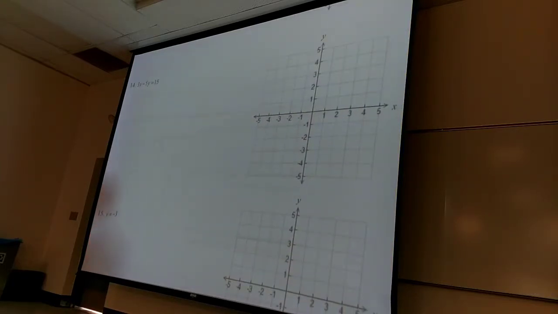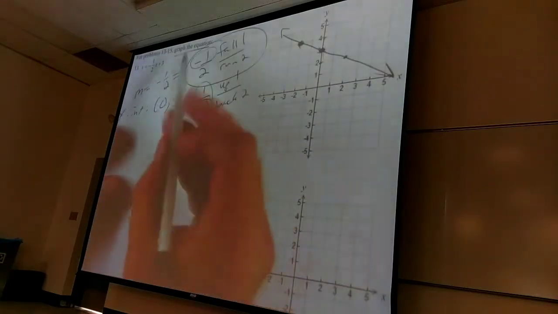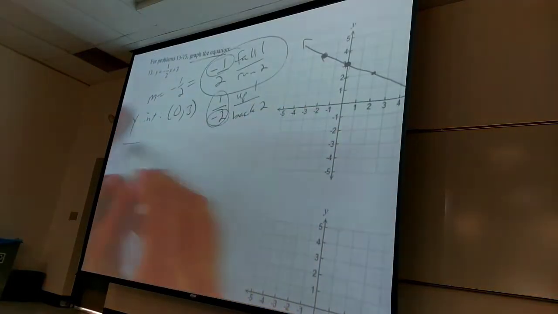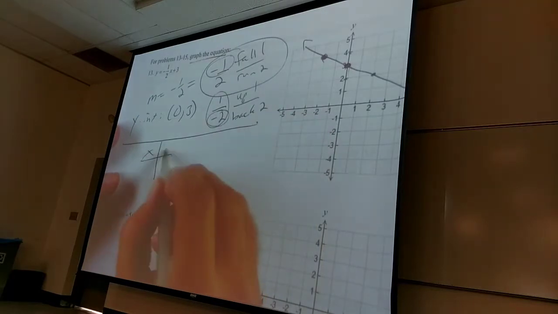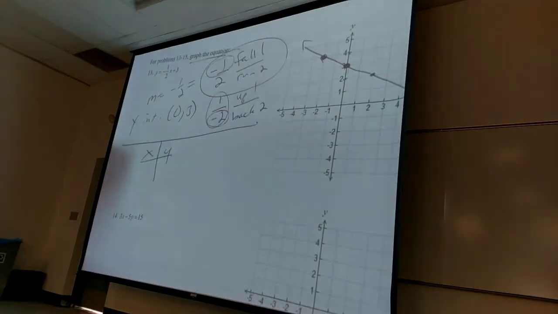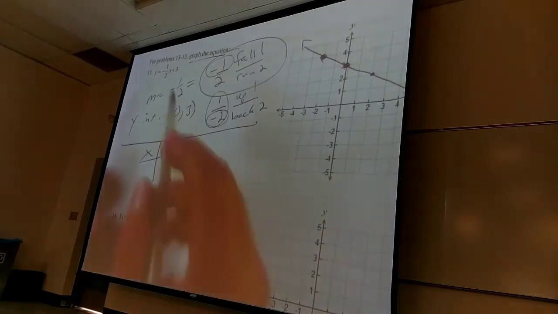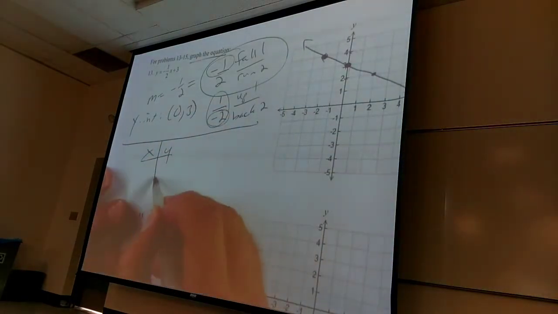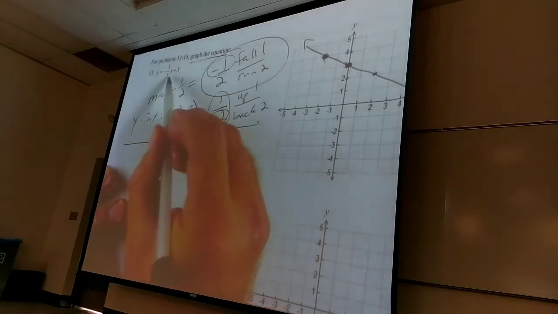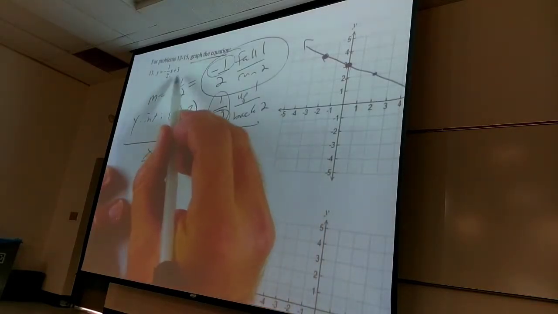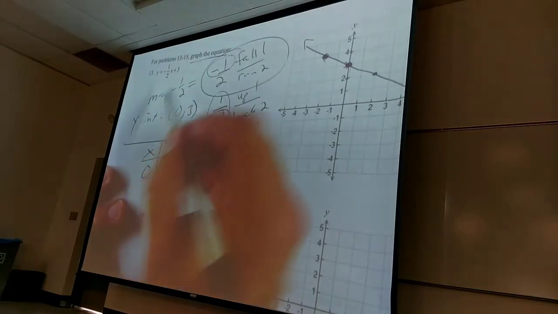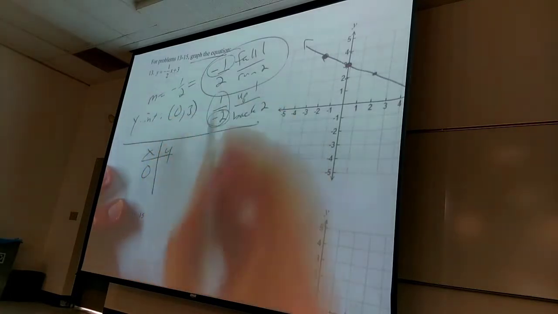All right, now, if you did this a different way, let's just do this real quick. If I gave you this problem and said graph this using an XY table, I can see the slope. What do you definitely put in for x to start with? 0. Negative 1/2 of 0 is 0, plus 3 is 3.